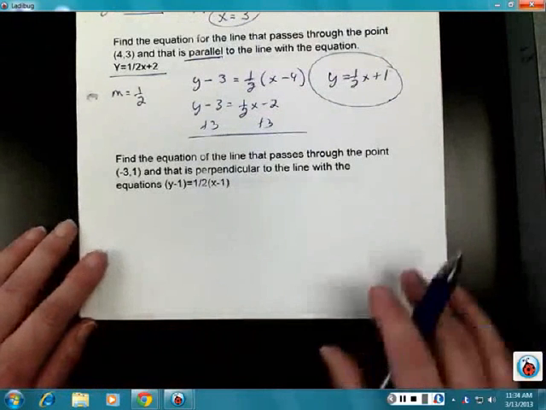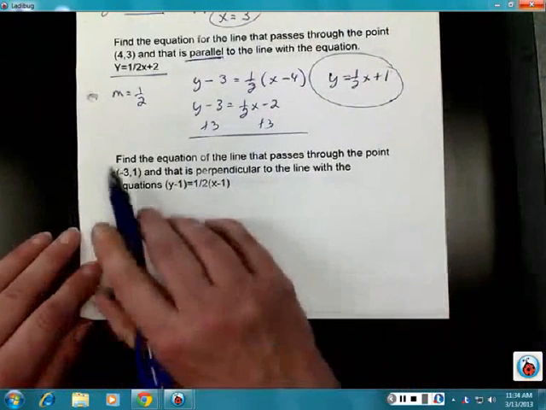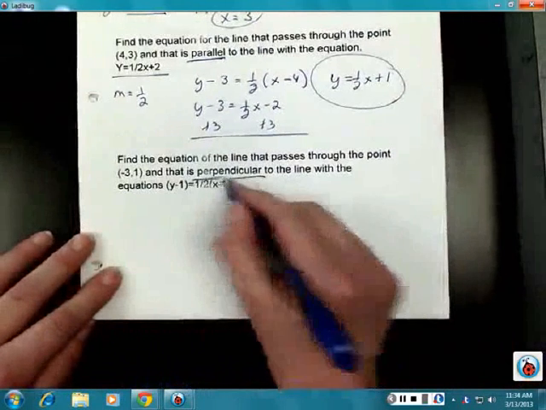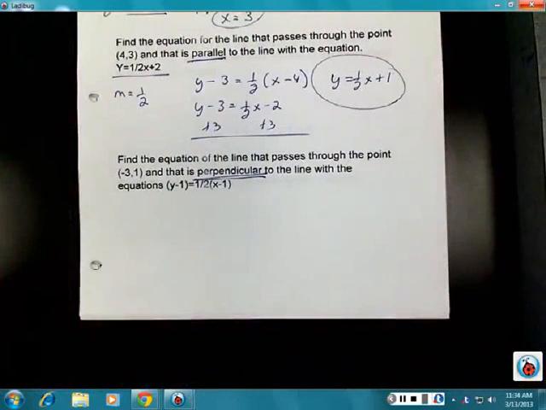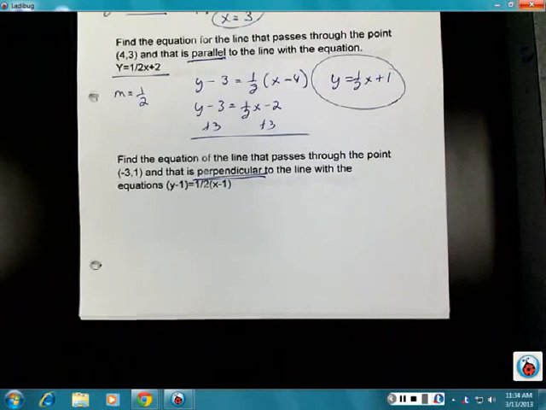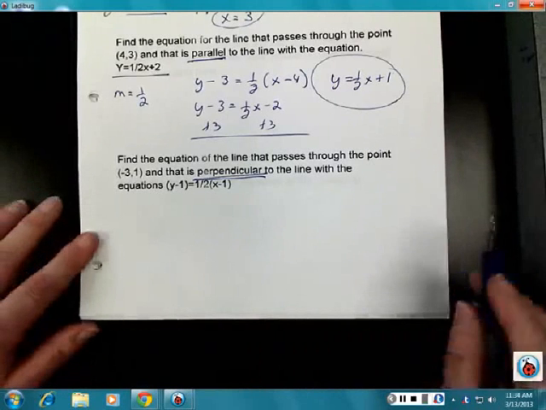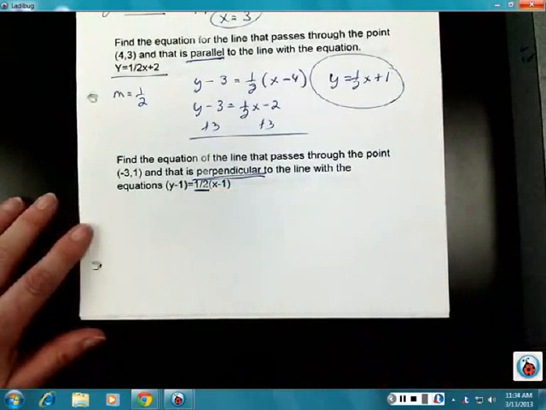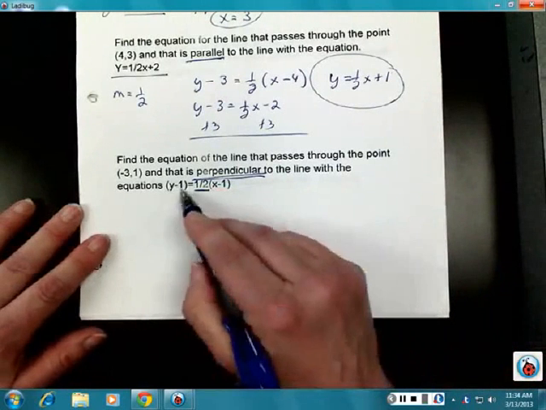Find the equation of a line that passes through the point (-3, 1) that is perpendicular. So what does that mean? As soon as you read perpendicular, you look for the reciprocal with opposite signs, with your slope. But this one doesn't give you the slope. Yes, it does. It's in your point slope formula, because it's y minus 1.